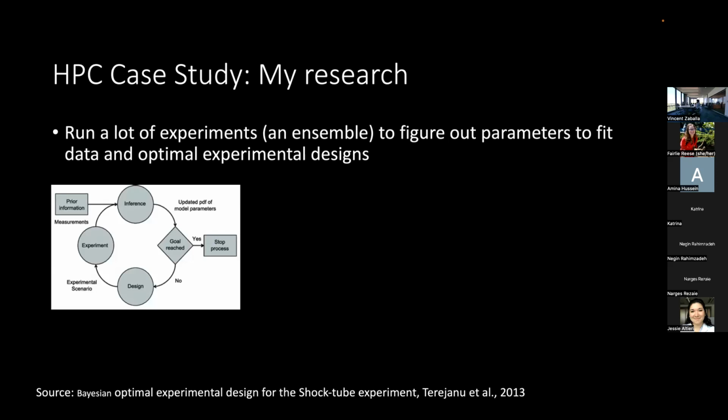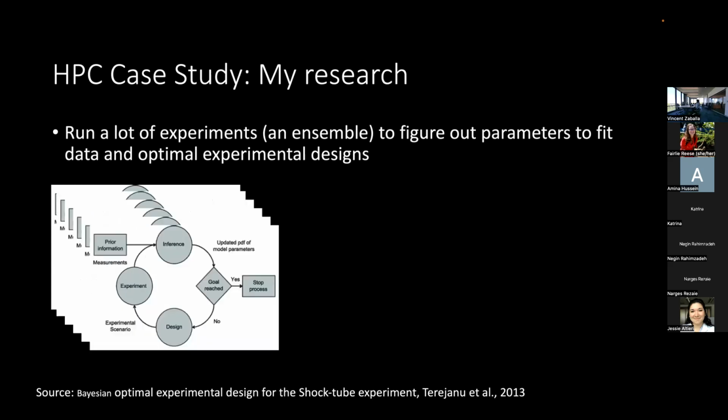Both of those are pretty computationally heavy. The inference part is computationally heavy, there are neural networks there, and there are also neural networks in the design part. So it's a lot, and I want to run an ensemble, which is a lot of these. That totals about 50 to get a sufficient sample size.